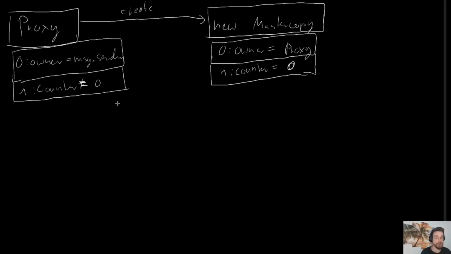Okay, so when we are calling into the proxy, that means that we are calling its fallback function. So let's say we are calling the proxy with the function signature of increase. So we are hashing this and taking the first 4 bytes and sending it as call data to the proxy.